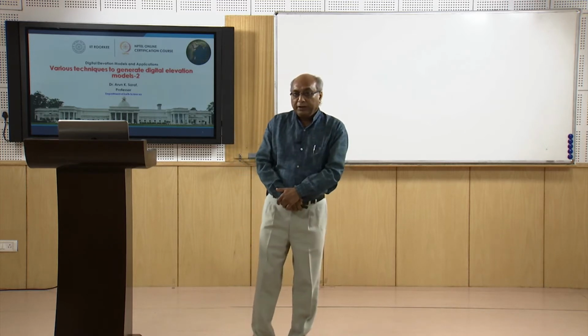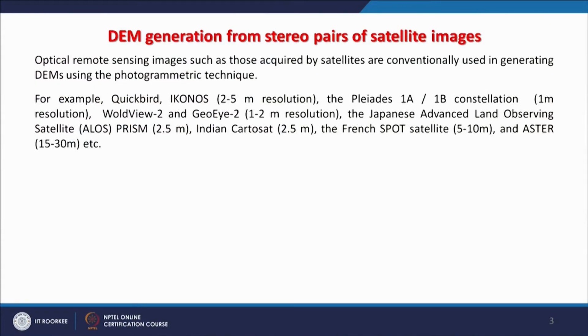For example, QuickBird, IKONOS, Pleiades 1A and 1B constellation at 1 meter resolution, GeoEye, Japanese ALOS at 2.5 meters, and our Indian Cartosat at 2.5 meters. These are the resolutions and stereo data available. For many data sets it is free, so you can develop a digital elevation model even up to 1 meter resolution.